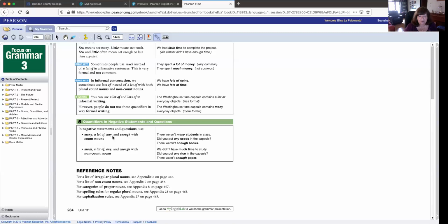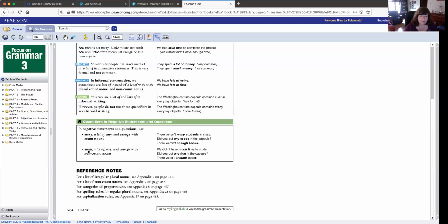Many, a lot of, any, and enough. And this is for count nouns, okay? So there weren't many students in class. Count noun, students. Did you put any seeds in a capsule? Count noun. We used any here because this is a question. There weren't enough books. Count noun with books.